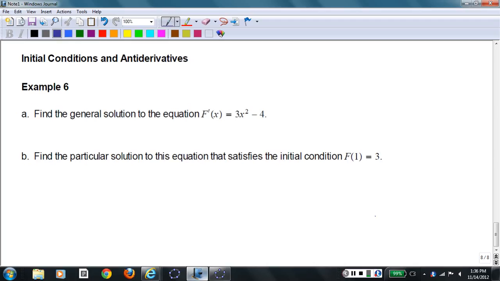A general solution would be the set of such functions that may satisfy this. A particular solution would be any one solution, but we want the particular solution that satisfies this initial condition, a starting point where we have a specified value for the function that we're looking for at a particular number in its domain.